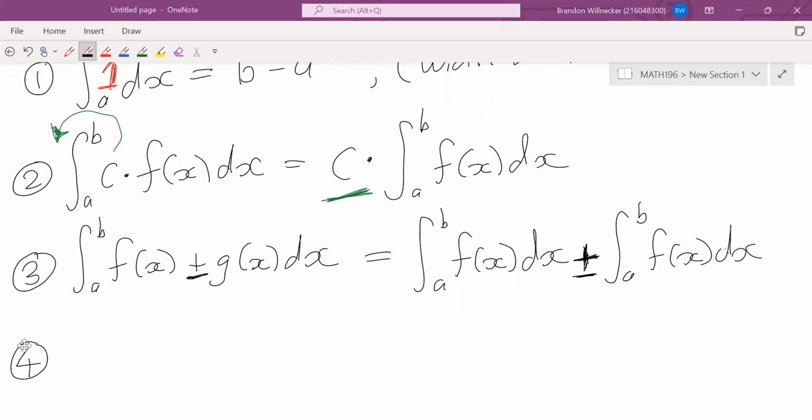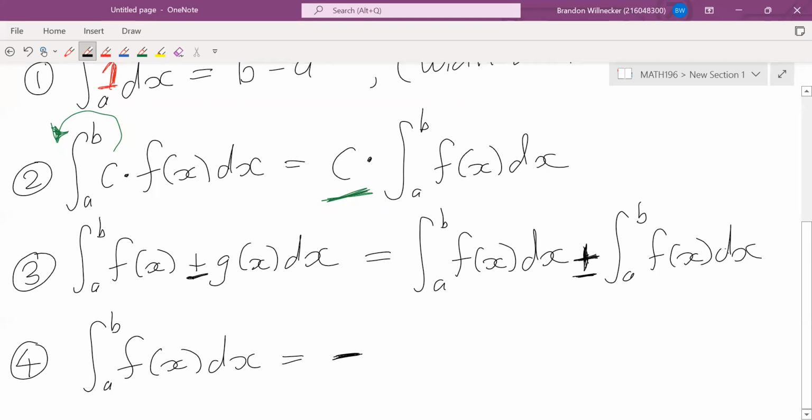The integral from a to b of f of x dx is equal to minus the integral from b to a of f of x dx. You can think about this property in two ways. Firstly, if you multiply by a minus sign, you swap the bounds.